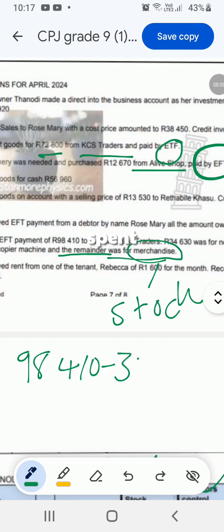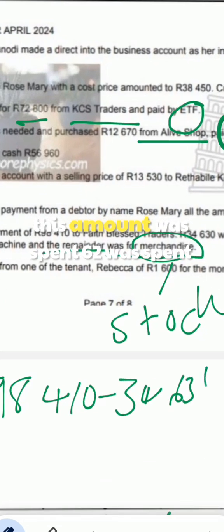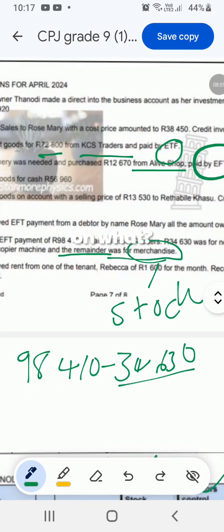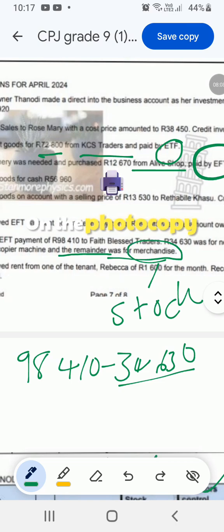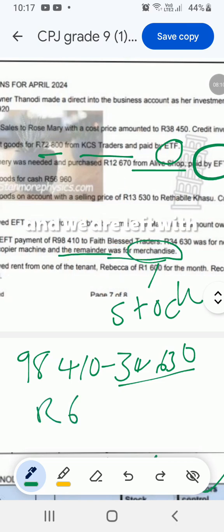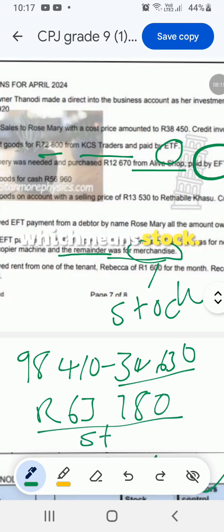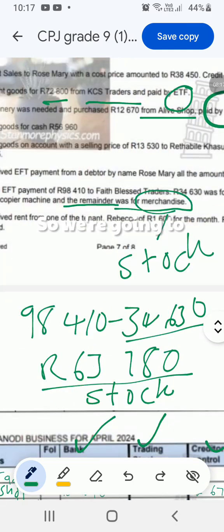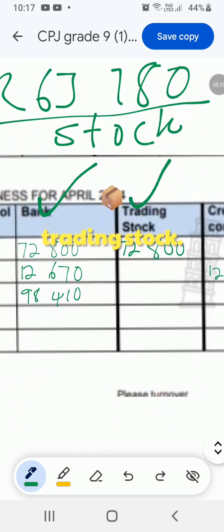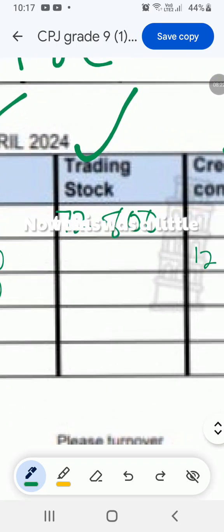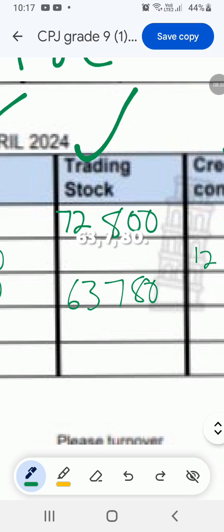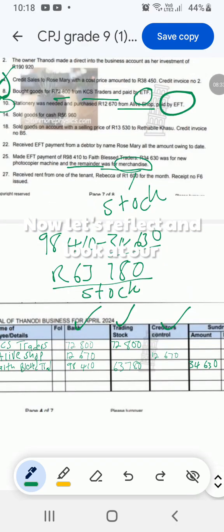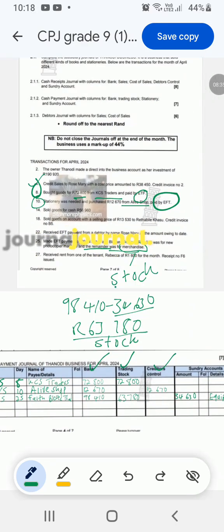This amount was spent. 34,630 was spent on the photocopy machine, and we are left with 63,780, which is spent on merchandise, which means stock. So we're going to record it under trading stock. Now this was a little bit complicated, but can be easy at the same time. 63,780.